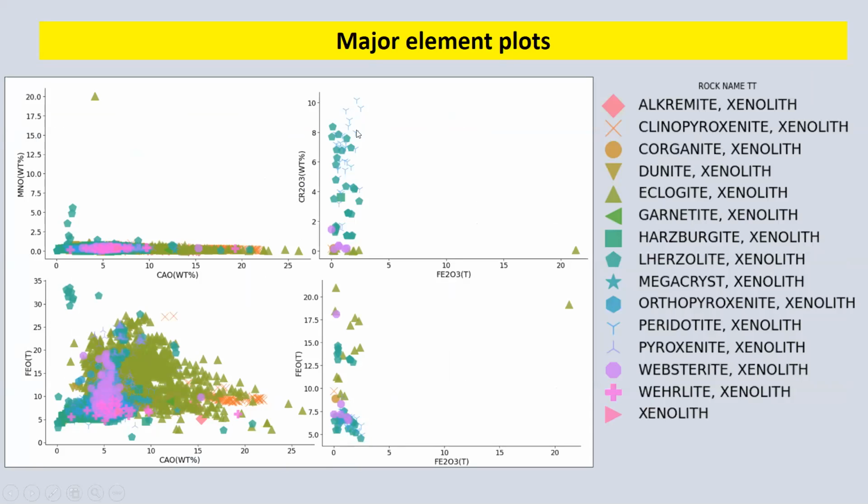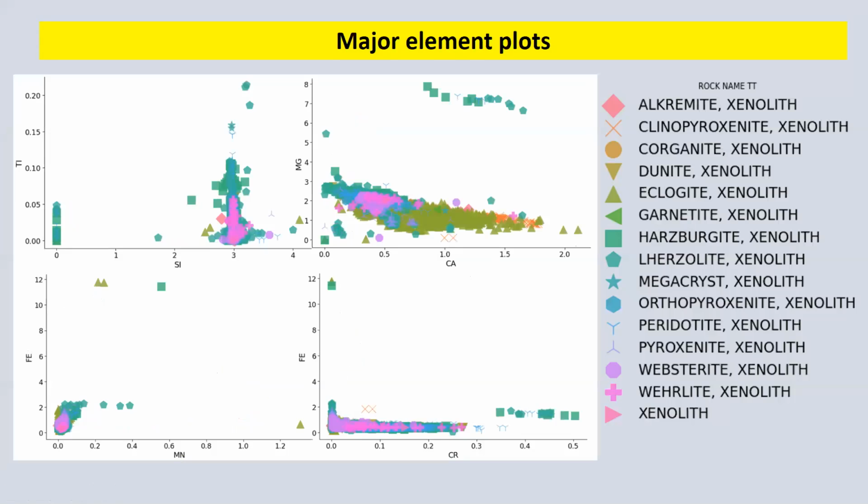It's higher in the peridotitic xenoliths, although they also have a wider spread, overlapping with the lherzolitic xenoliths, which also have a wider spread. Chromium, as I have already said, may be problematic, as we have seen from the histogram. So we will look further into it.